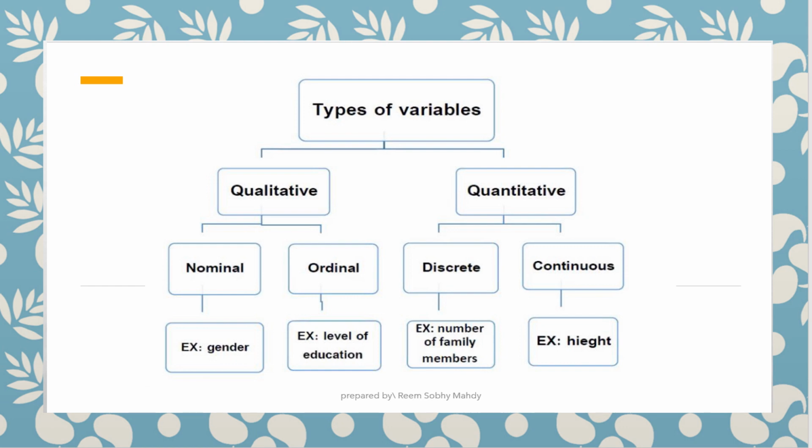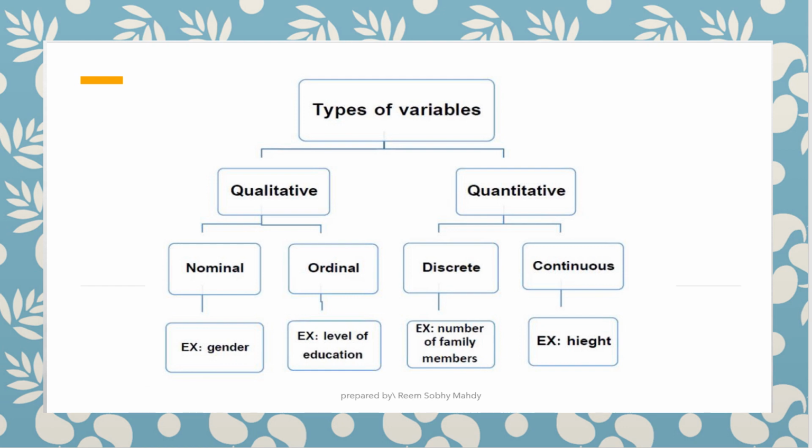The second type of variables is quantitative variables, which take numeric values and are divided into discrete quantitative variables and continuous quantitative variables. Discrete variables assume certain integer values, but continuous quantitative variables assume any values within a specified range.